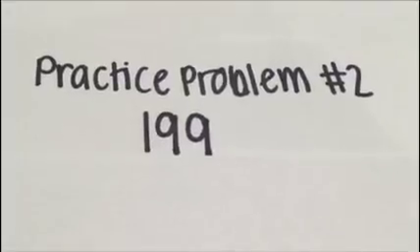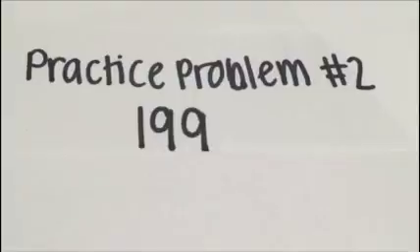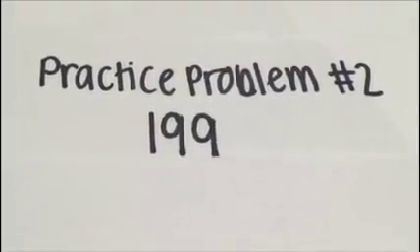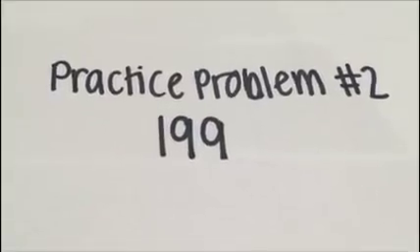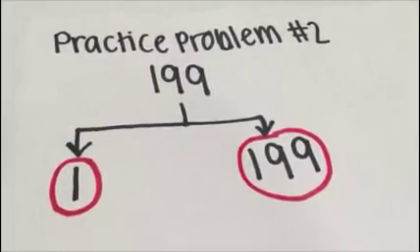Find the prime factors of 199. Pause here to try and solve the problem. Trick question, 199 is only divisible by 1 and itself, so therefore it is a prime number.